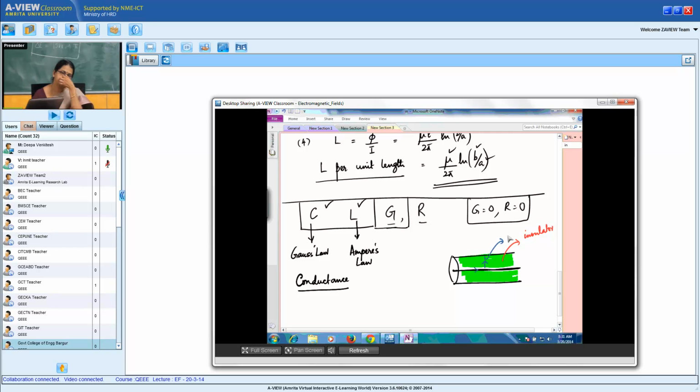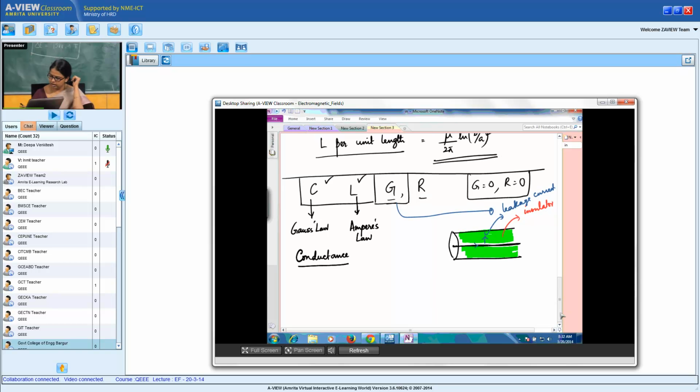So this is the leakage current, and the conductance that we are talking about, G, is that due to the leakage current. That is the conductance we are talking about.